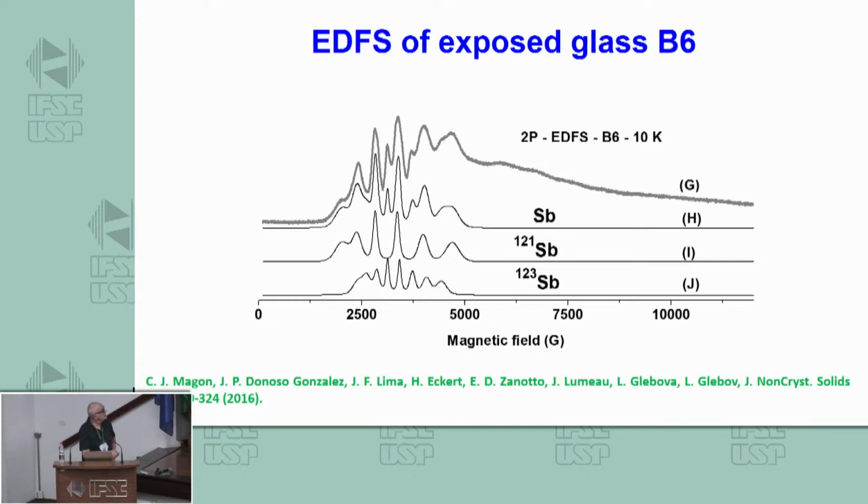Here you can see the simulated spectrum, considering the hyperfine coupling between these two nuclei and the unpaired electron, adjusting the ratio of the nuclear magnetic moments, taking care of the natural abundances of antimony 121 and 123. The simulated spectrum shows an excellent agreement with the experimental data. So the antimony plays a very important role in this process.